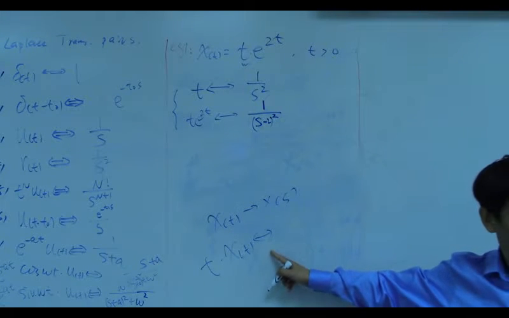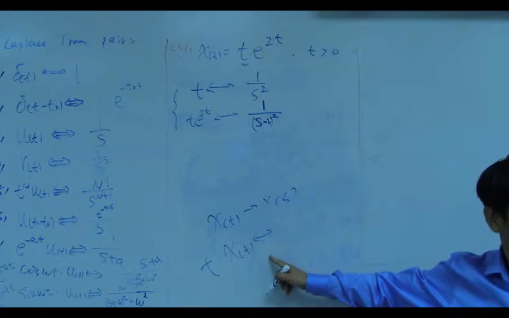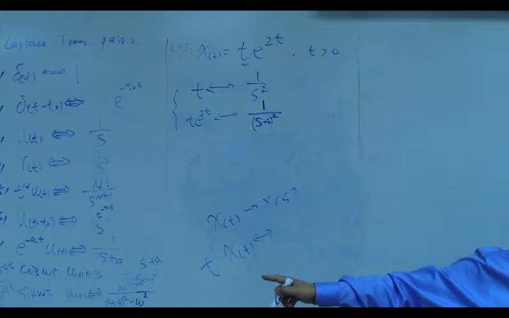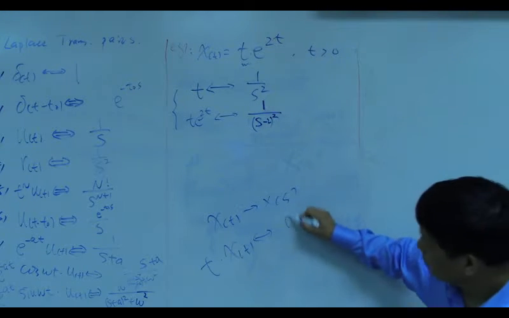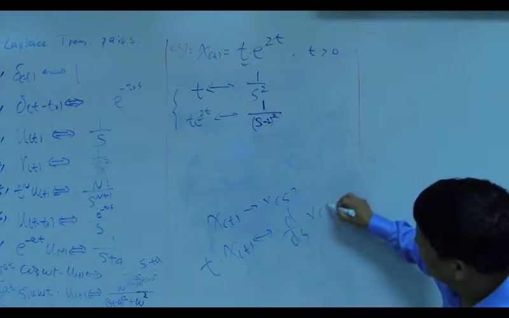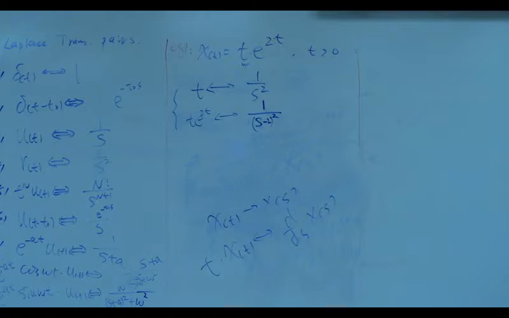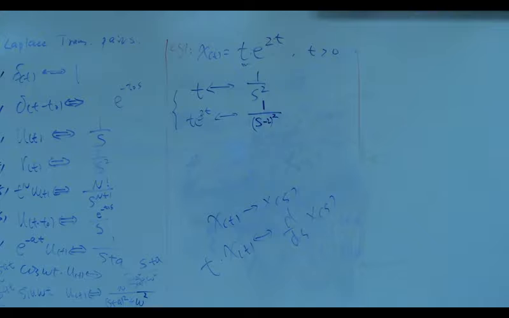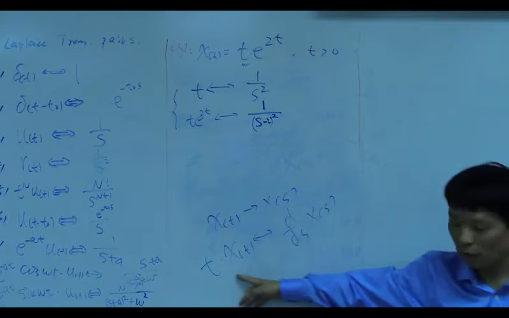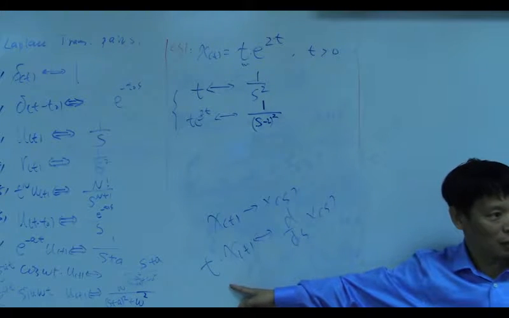Differentiation in frequency, right? So I will go into differentiation of this one. Again, this property comes before this one. And this one is the easiest one because you only multiply by t.